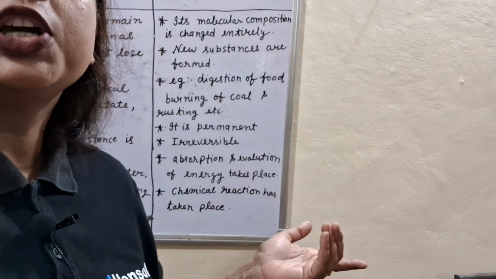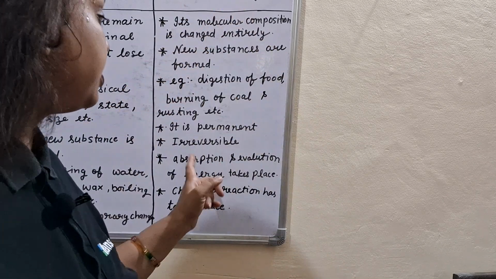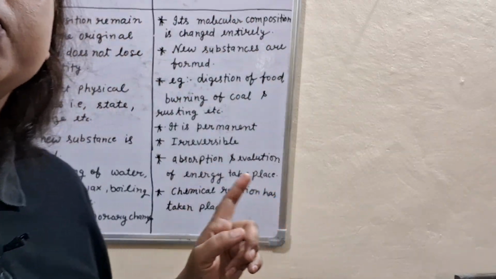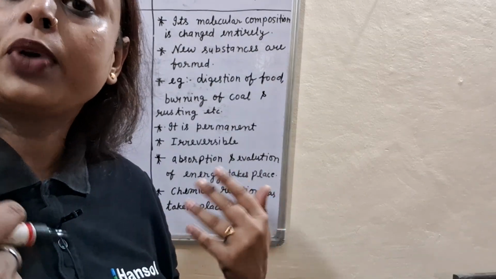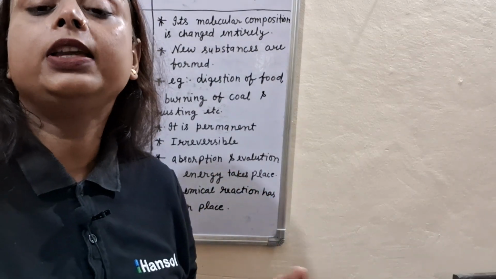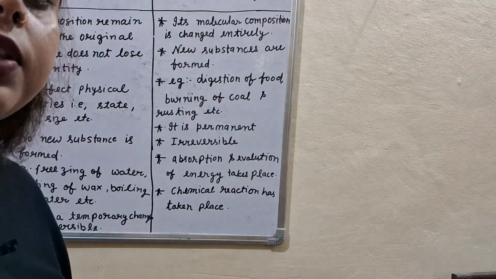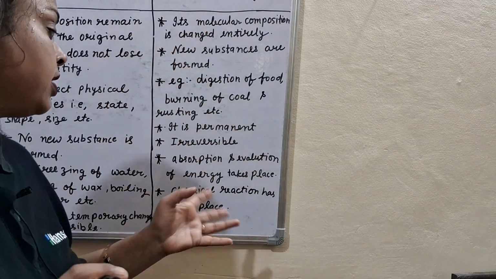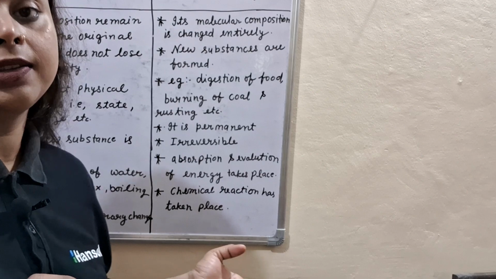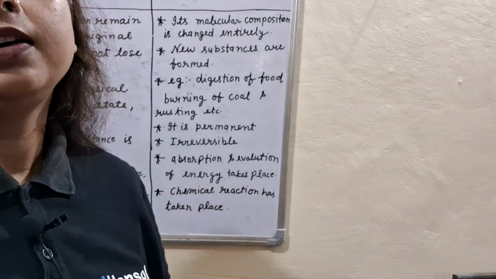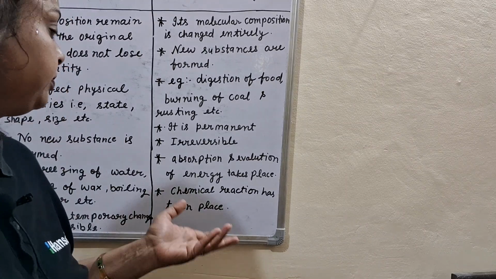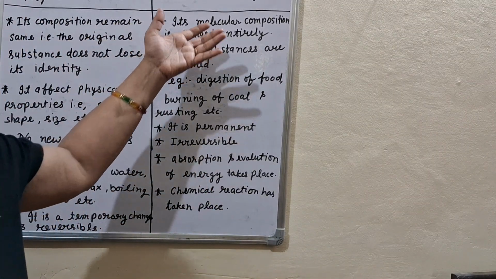In chemical changes, absorption and evolution of energy also takes place. It means in some reactions absorption of energy takes place, and in some reactions evolution of energy takes place. Both take place in chemical changes. A chemical reaction has taken place. When chemical changes occur, a chemical reaction takes place. Okay, it is the chemical change.